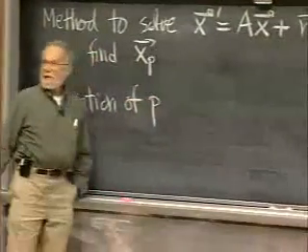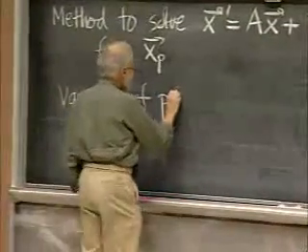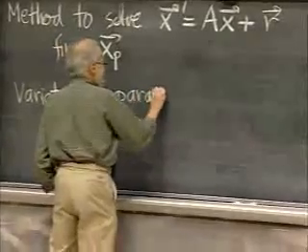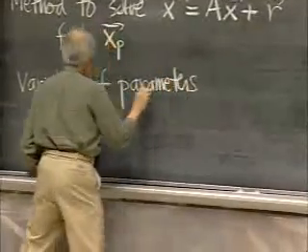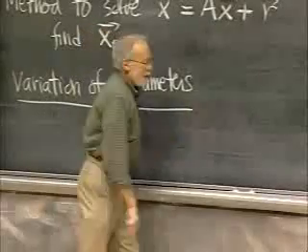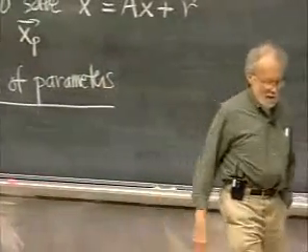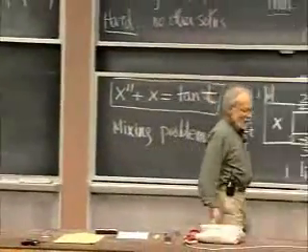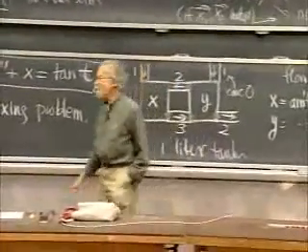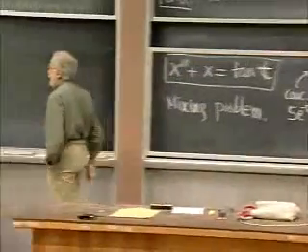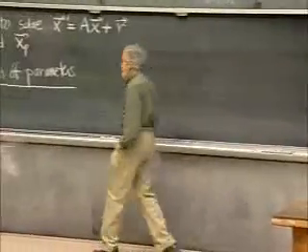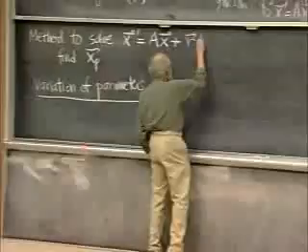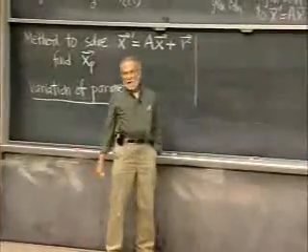But of course, you won't remember the name either, so maybe this won't work. Variation of parameters. I'll explain to you why it's called that. All the cleverness is in the very first line. If you could remember the very first line, then I trust you to do the rest yourself. I don't know any motivation for this first step. But mathematics is supposed to be mysterious anyway. It keeps me eating.